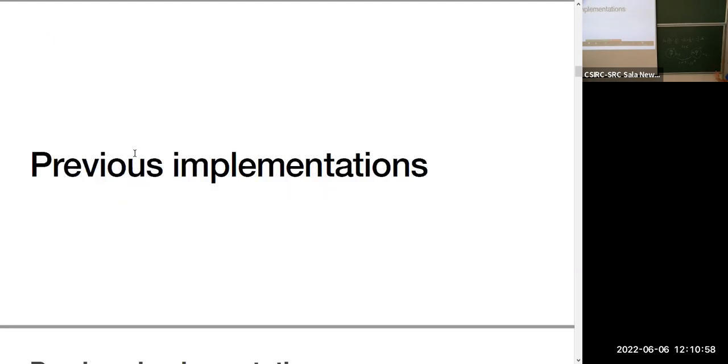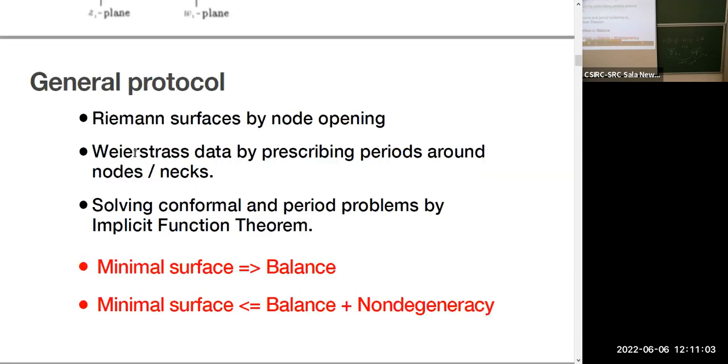Now let's see previous implementation. What does non-degeneracy mean? So here I have these equations that need to be solved, conformal and parallel equations, and I have variables being the positions of the punctures and the t's, and whatever determines the conformal type of the Riemann surfaces.